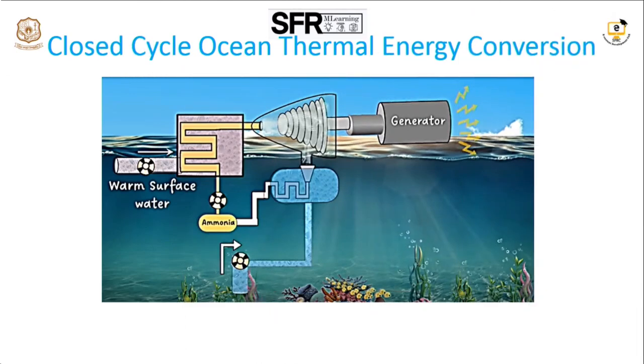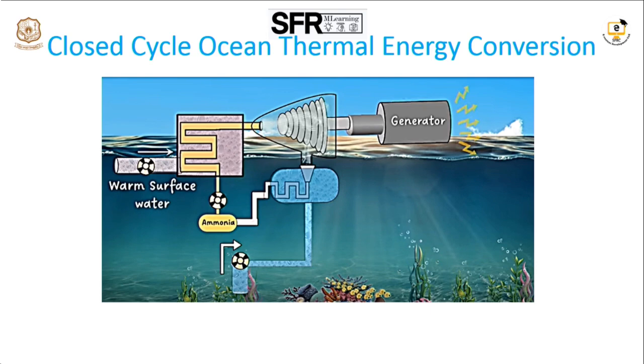Here you can see we are using the heat exchanger. This may be used to convert warm surface water to steam. Here we are using liquid ammonia, which has a low boiling point. Therefore we are using ammonia. Here you can see the ammonia is fed back to the heat exchanger.